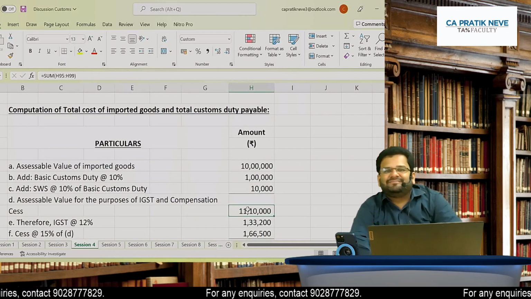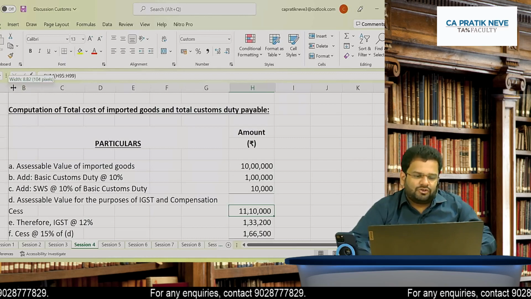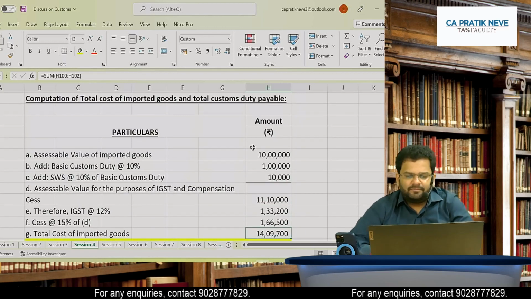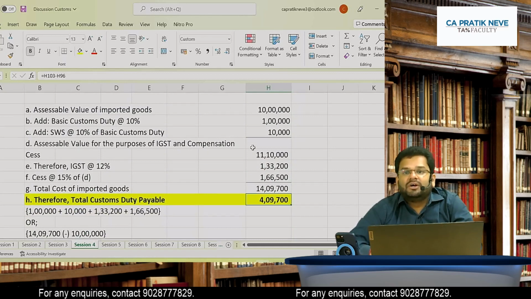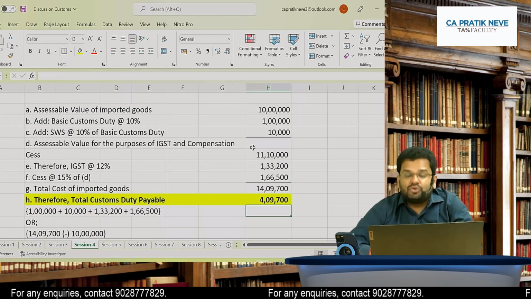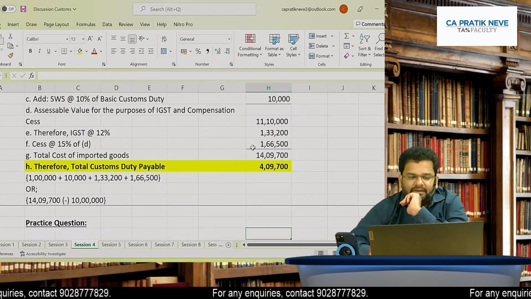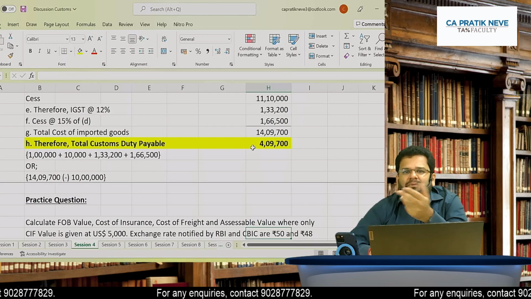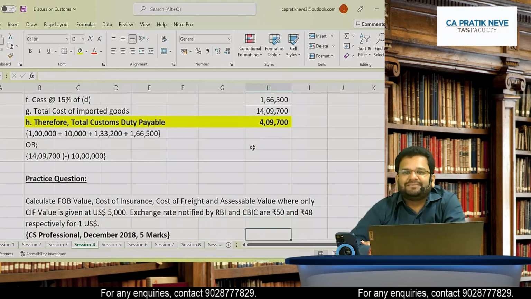Check. Now you get cost of imported goods. That cost of imported goods is 14 lakh 9,700. So of course you get total customs duties payable. Chaitanya, is it clear? Very simple basic calculation, but very favorite question of examiner.